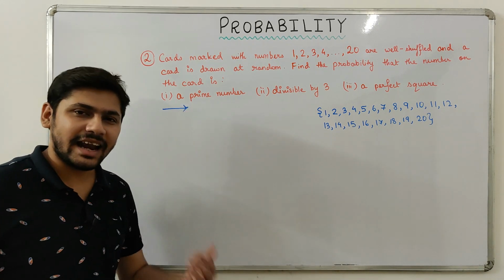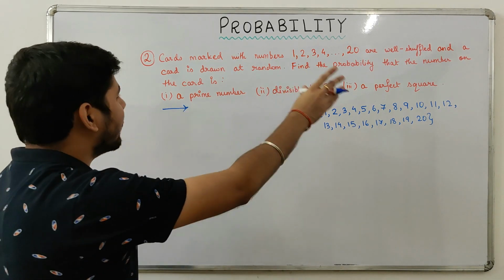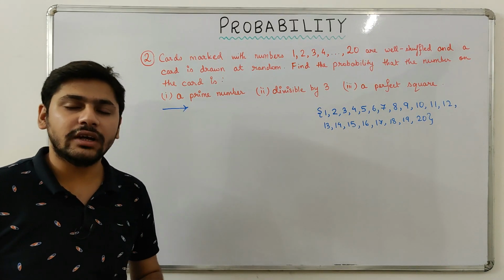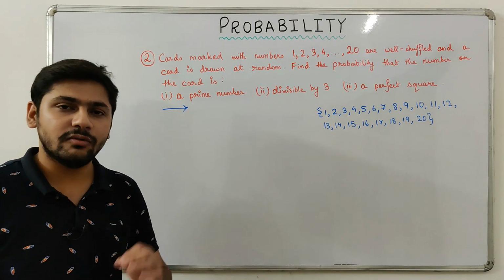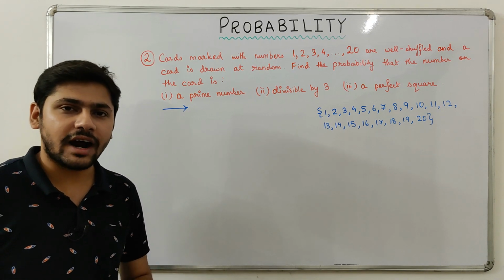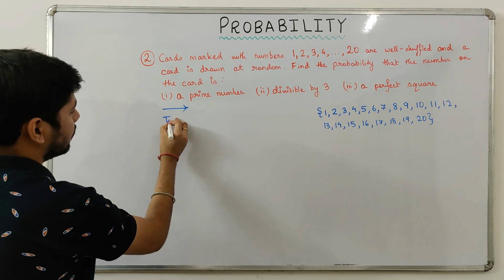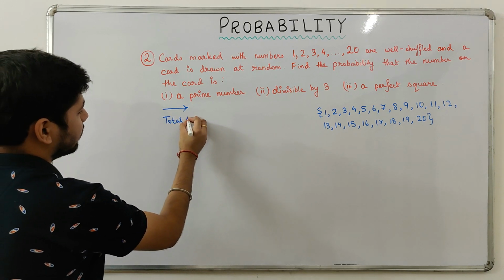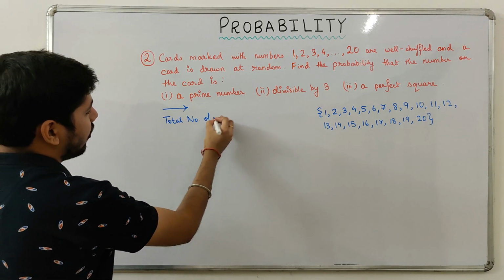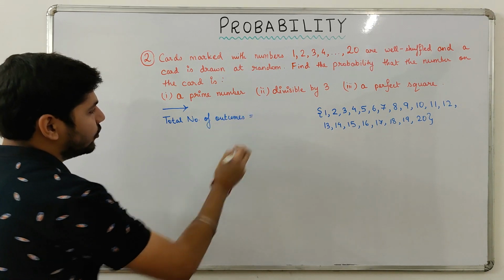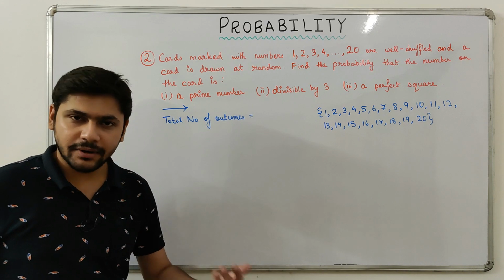For this sum, the random experiment is a card is drawn at random. That means the total number of possible outcomes will be equal to the total number of cards that are present. So, total number of outcomes is equal to the total number of cards that are present.